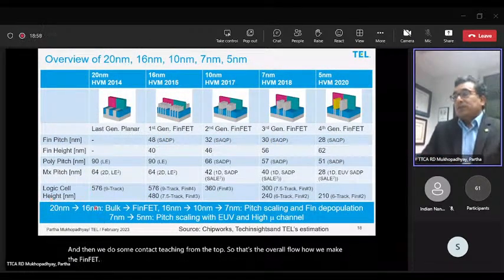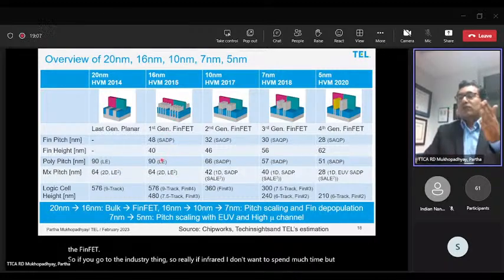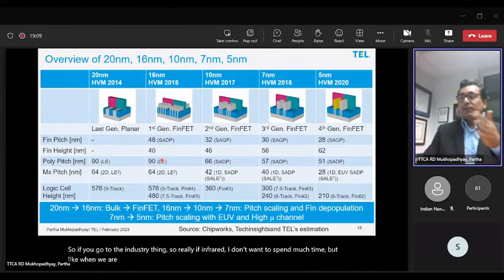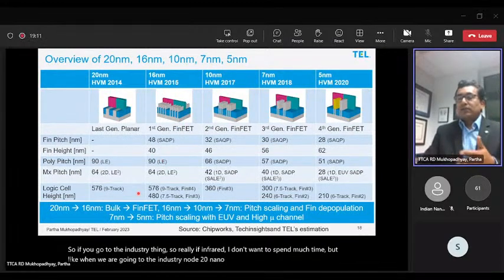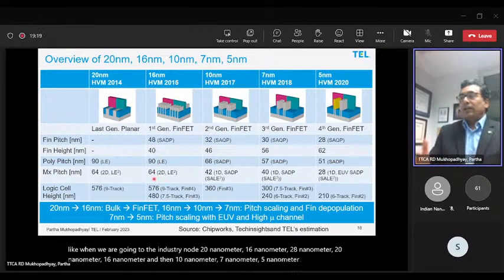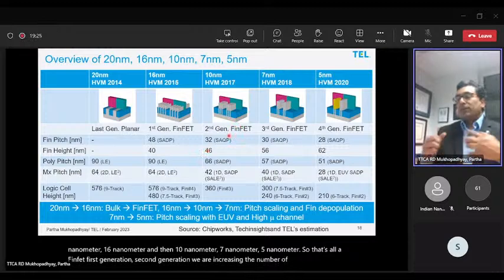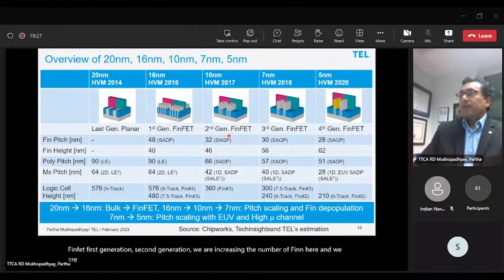If you go to the industry, really FinFET, I don't want to spend much time, but when we are going to the industry nodes, like 28 nanometer, 20 nanometer, 16 nanometer, and then 10 nanometer, 7 nanometer, 5 nanometer, that's all FinFET, first generation, second generation. We are increasing the number of fins here, and we are making them tighter.